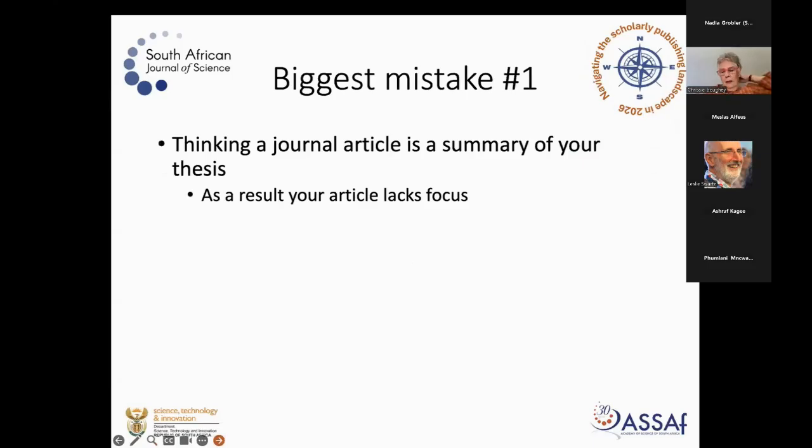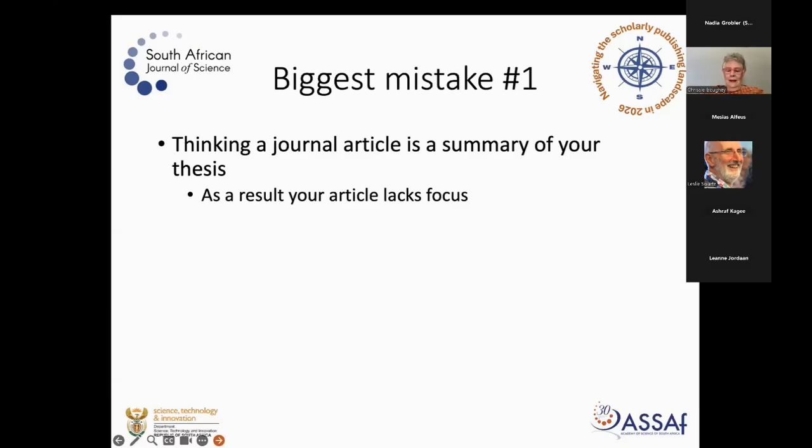I'm going to talk about what I think are the biggest mistakes you can make when you try to publish from your thesis. The first one is thinking that a journal article is a summary of your thesis. It's not.